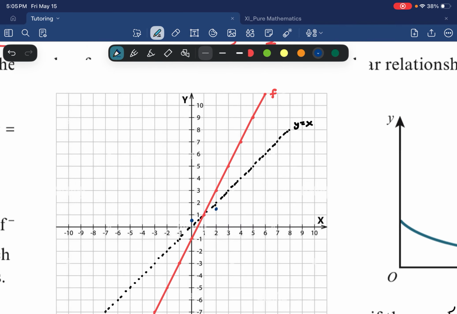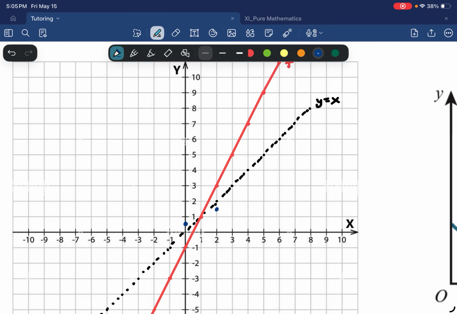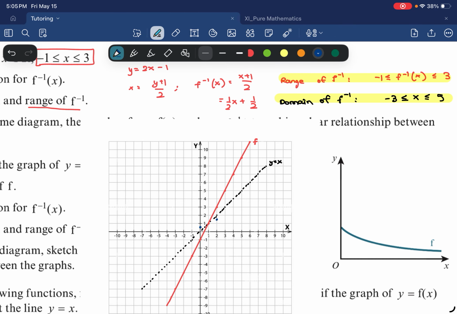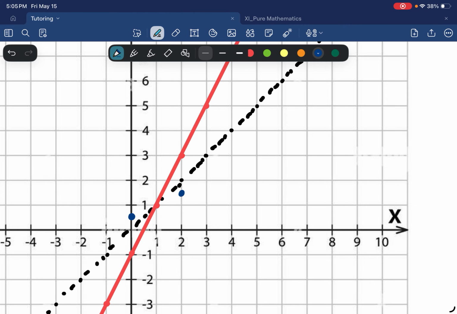So slope of half means I go 2 units positive in the x direction and 1 unit up. So 2 units here, 1 unit up.